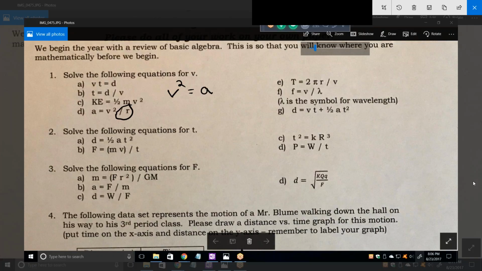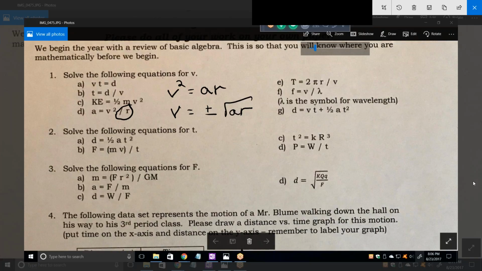You always do the opposite. If I'm adding a number to one side, then I'm subtracting. If I'm multiplying both sides by a number, then I'm dividing. Always do the inverse. Now, what's v going to be equal to? V is equal to plus or minus square root of AR.